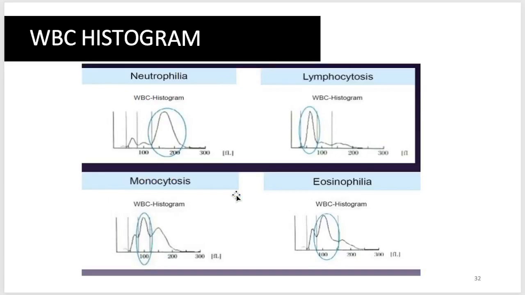Kasi nga, for example, if you're talking about neutrophilia, alam naman natin yung neutrophilia is around 160 to 450. So therefore, pag may nag-peak around there, mababa yung other parameters, that is neutrophilia. If lymphocytosis naman, your lymphocytes are around 35 to 90 femtoliter. So, nag-peak siya dito, mababa yung other parameters.